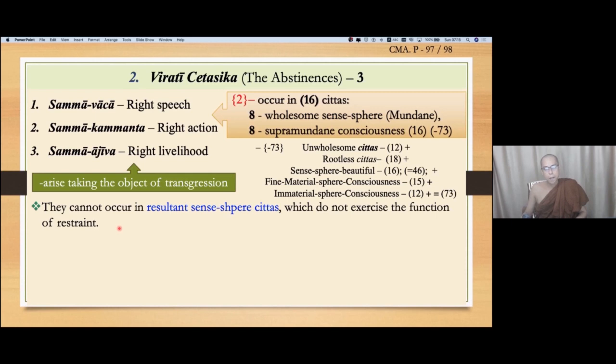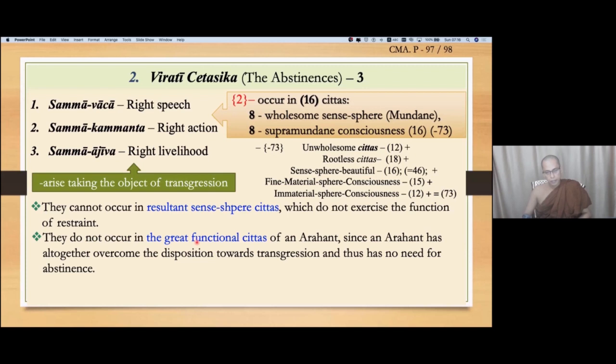Only the wholesome, unwholesome are active from the kammic point of view. That's why the resultant consciousness, being the result of the wholesome consciousness, they cannot exercise the function of restraint. That is why the abstinence mental factors cannot arise with resultant sense-sphere consciousness.